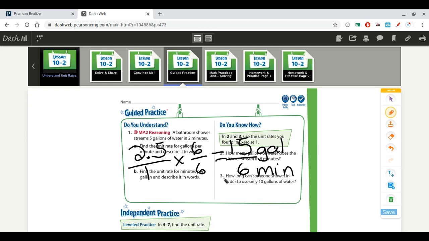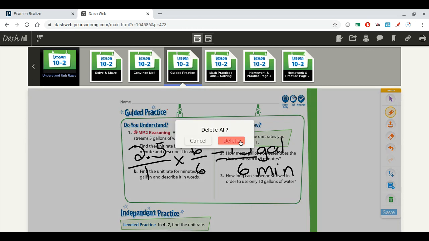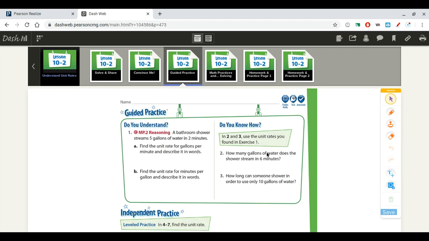Okay. It says how long can someone shower in order to only use 10 gallons of water? So I'm not going to use the 15 or the gallons per minute. I'm going to use the minutes per gallon for this one. So I'm going to use the ratio of 4/10 of a minute for 1 gallon.